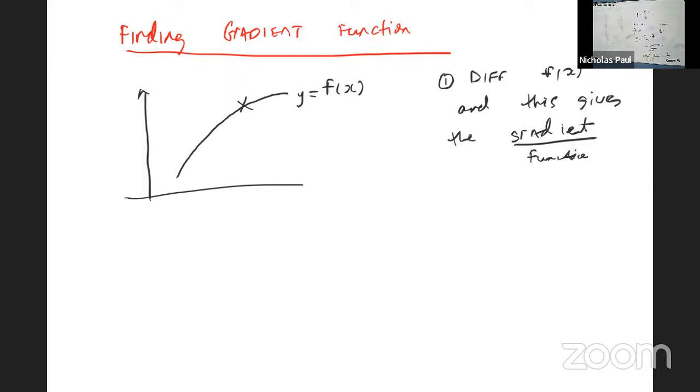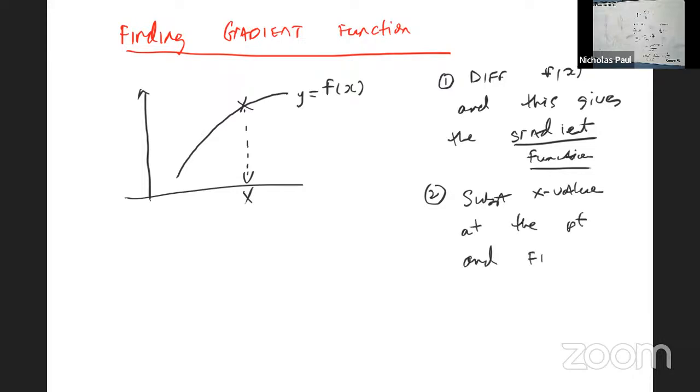The second thing you're going to do is substitute the x value at that point and obtain the gradient of the tangent.